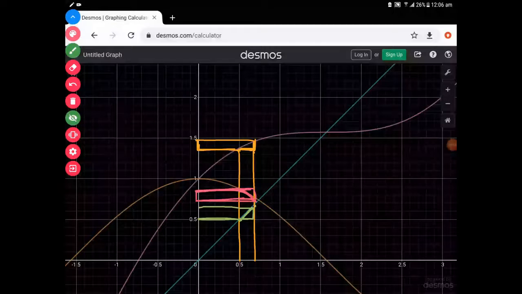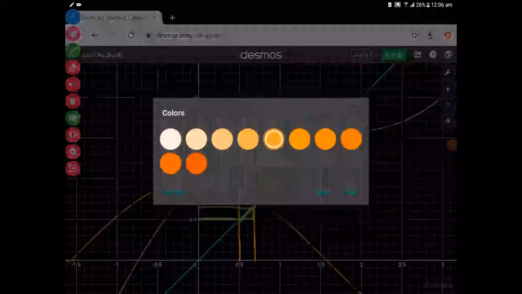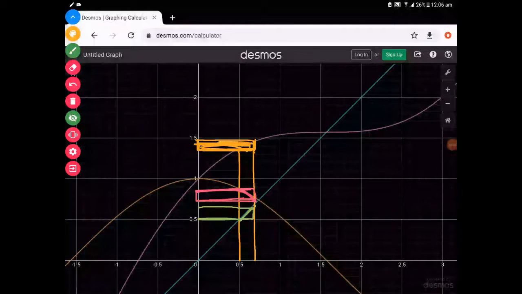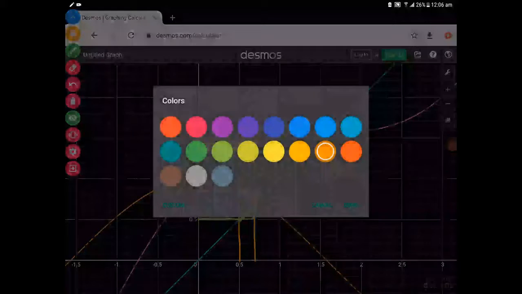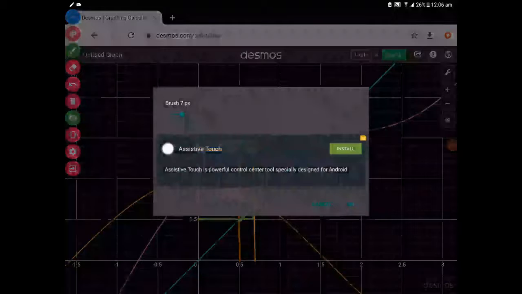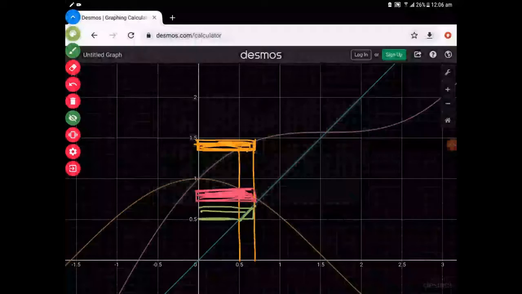So what do you see? You see that this yellow change is actually the result of the changes that happened here and the changes that happened here.